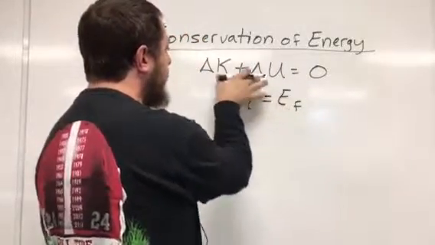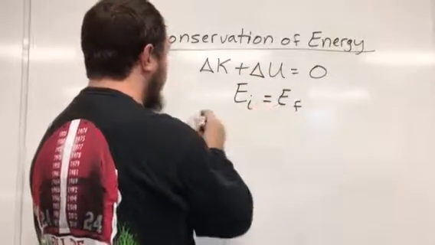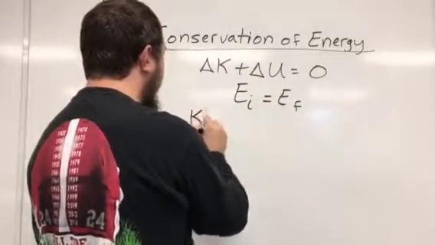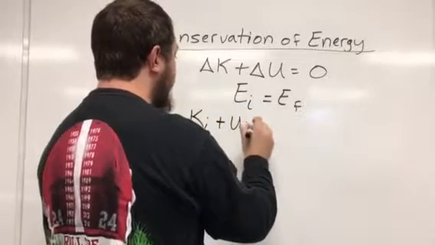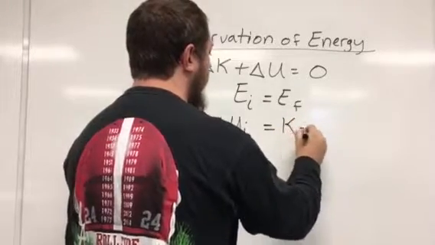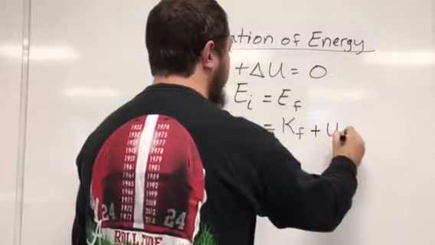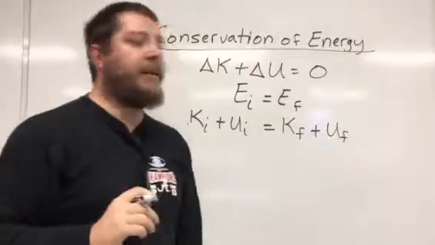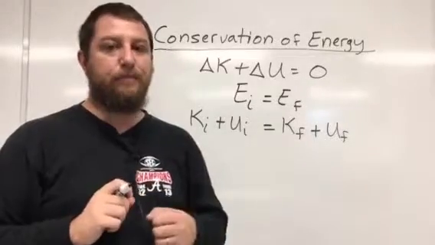If I rearrange this equation, I get this: my kinetic energy initially present in my system plus my potential energy initially present is equal to the kinetic energy present at the end of the system plus the potential energy present finally at the end of the system.